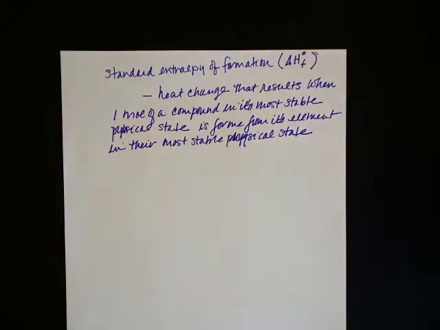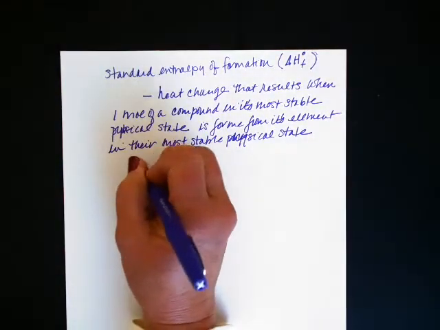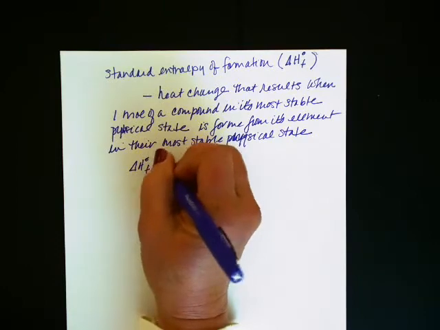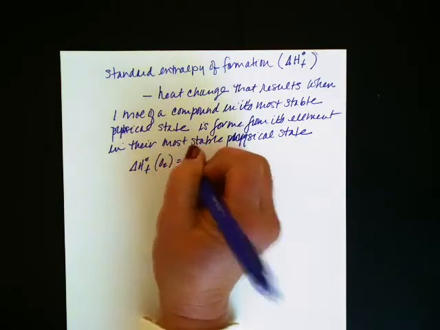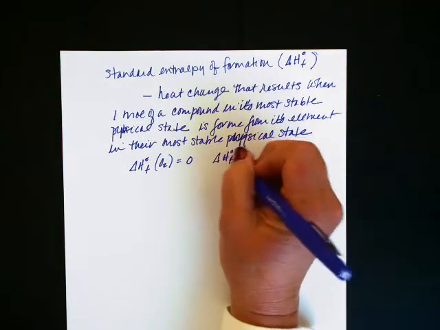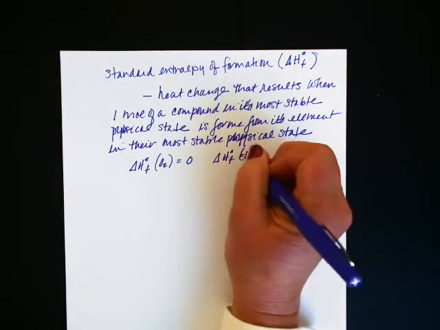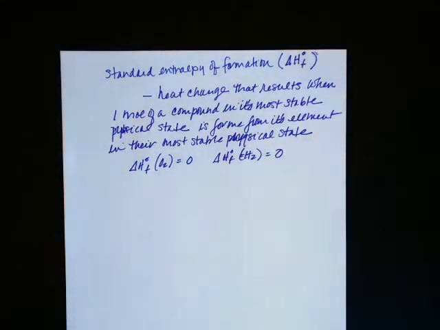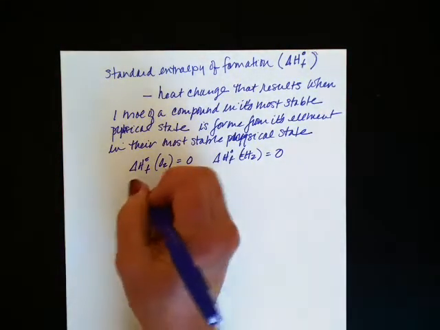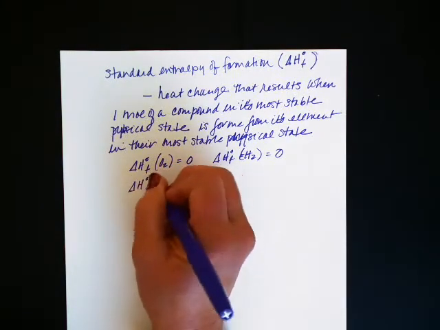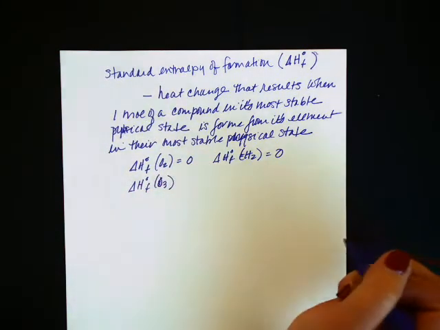So for example, the delta H of formation of O2 equals 0. Standard heat of formation for H2 is 0. Those are the most stable physical states. And I can compare the delta H of ozone to O2. So ozone is not the most stable physical state of oxygen.